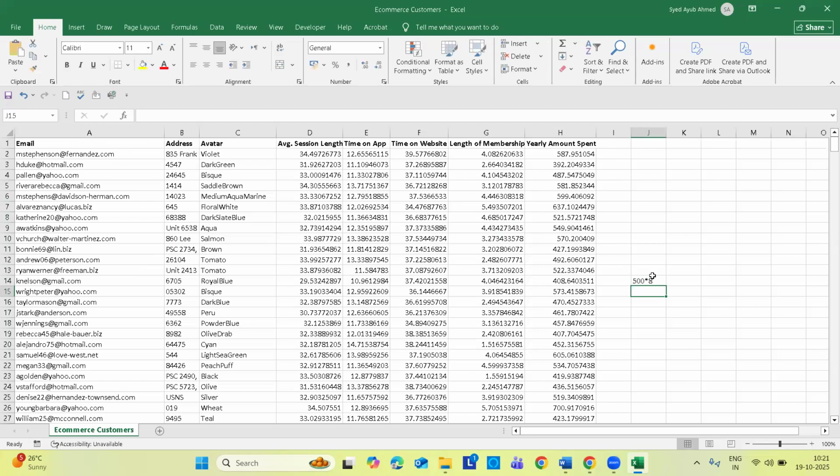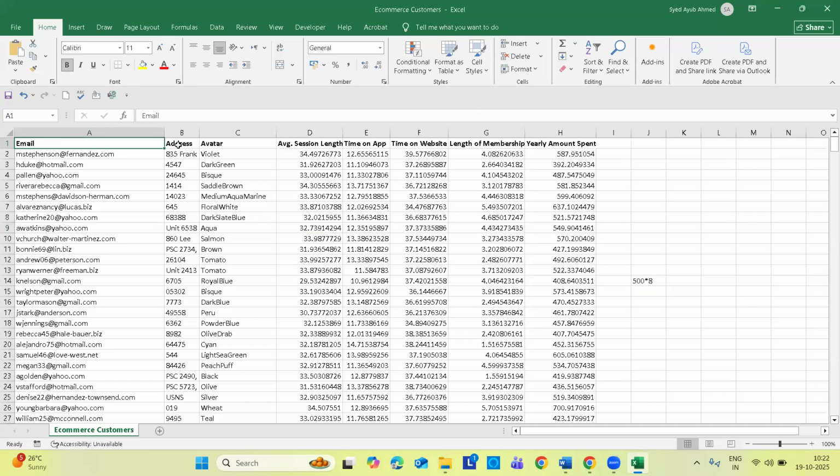If anyone asks you what is the size of data set that you have worked or used, you can calculate like this in Excel. Any doubts? No, sir. So this is the sample data set. I'm giving you an example. This is a real-time data only.